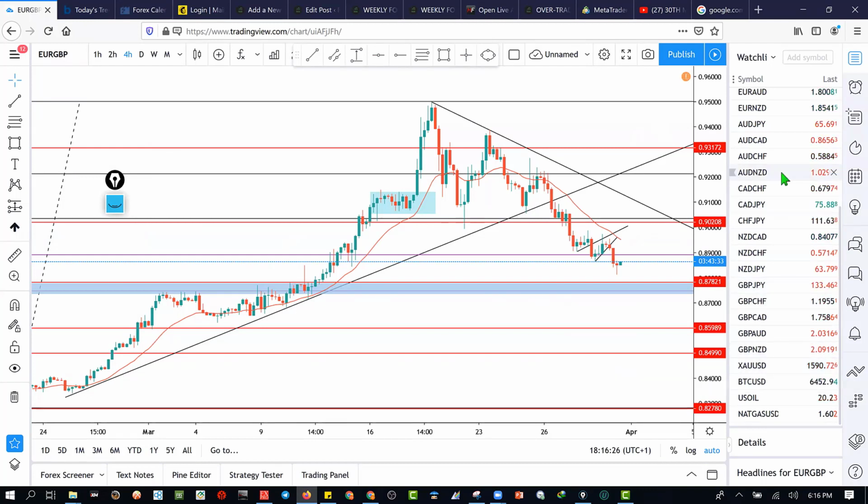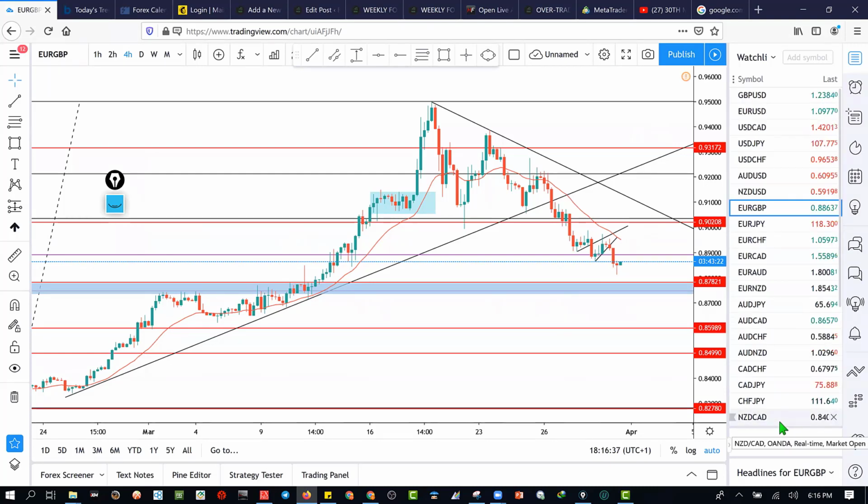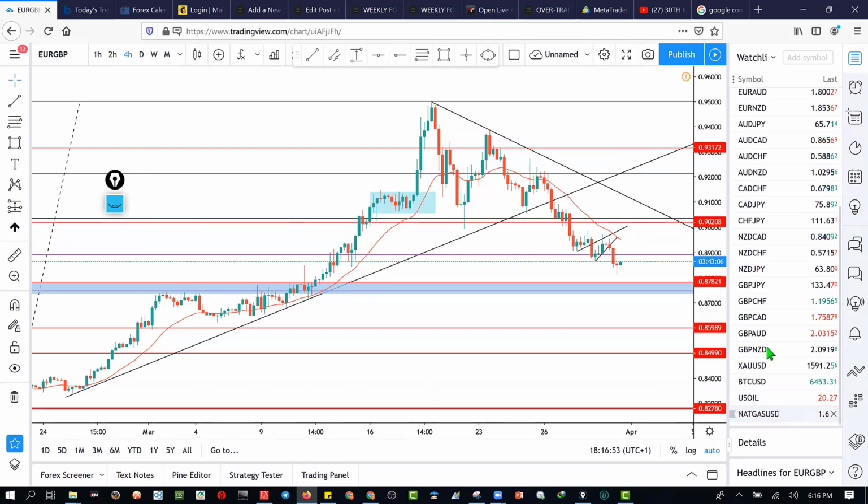These are the currency pairs I trade, and I trade gold. I trade Bitcoin, I trade oil, and I trade natural gas. I think they are all 32 markets, right? 1, 2, 3, up to 32.